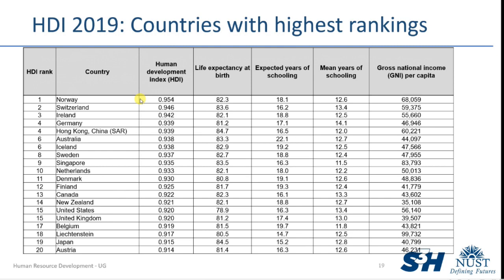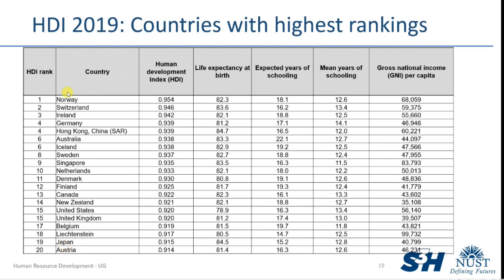Norway has been the top performing country in terms of HDI for a long, long time. Most of the countries that you see in the top 4 are from Europe. Then you see Iceland, also Sweden, Netherlands, Denmark, Finland, Belgium, Liechtenstein, Austria.